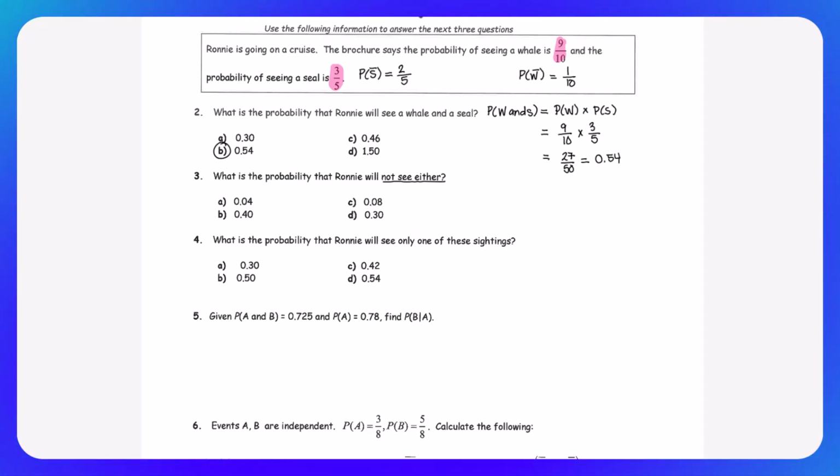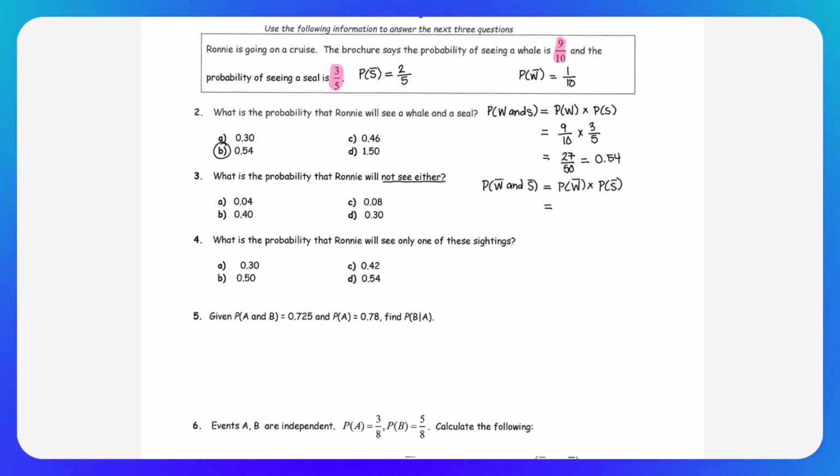So now that we have these complements, we can say the probability of no whale and no seal equals the probability of no whale times the probability of no seal.